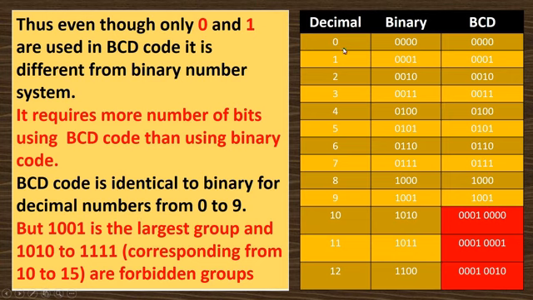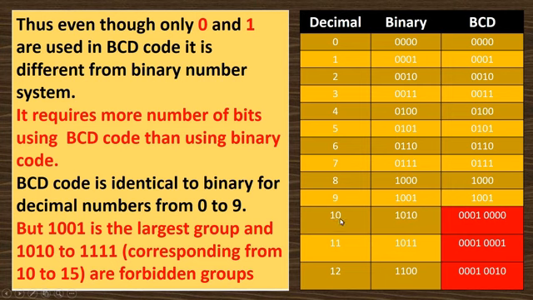So we can see, starting from 0 to 9, let us observe 9: binary is 1001 and 9 in BCD is also 1001. Means the BCD code is identical to binary for decimal numbers from 0 to 9. Now students, this 1001 in BCD and 1001 in binary are both the same.